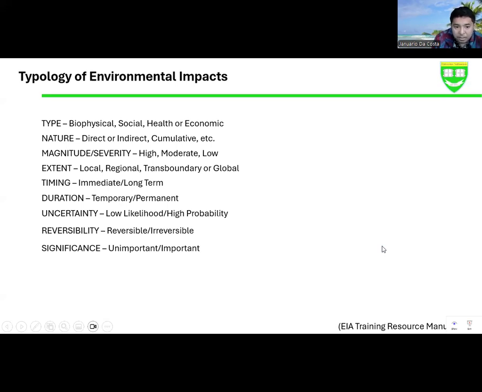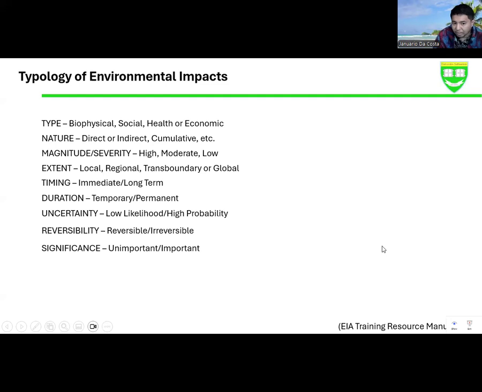The nature of the impact is either direct, indirect, or cumulative. The magnitude or severity of the impact is usually classified as high, moderate, or low. The extent of the impact is local, regional, transboundary, or global.